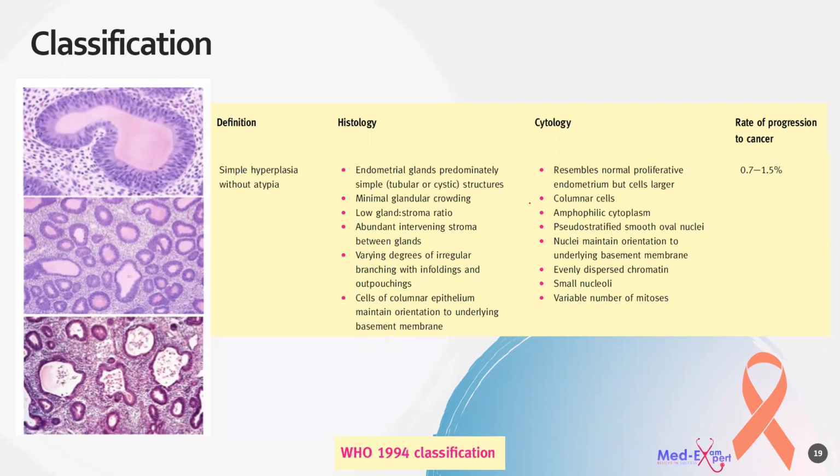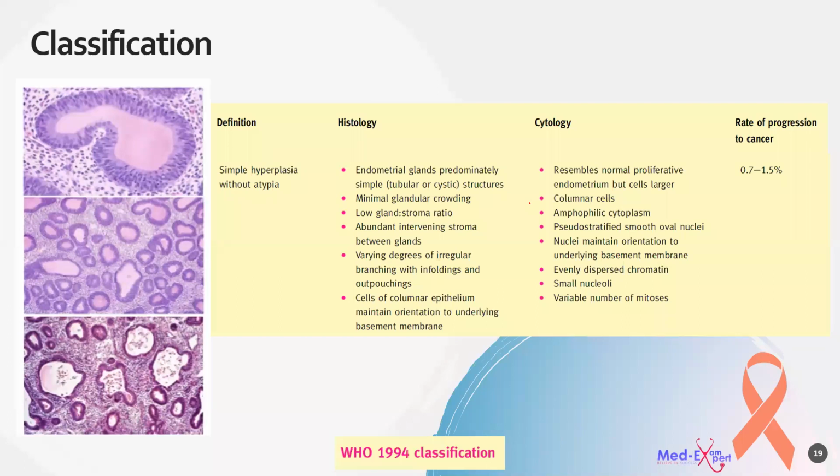Let me go through the old WHO classification. Of course, it's not important as a classification, but I just want to address the histology and cytology. What is the difference between simple and complex, and what is the difference between typical and atypical hyperplasia?